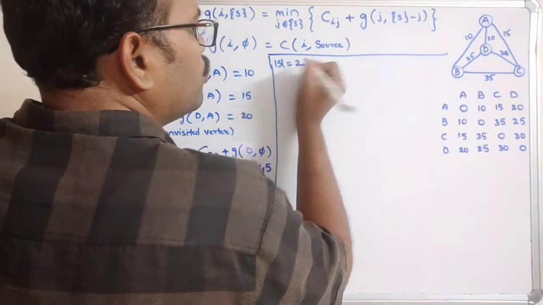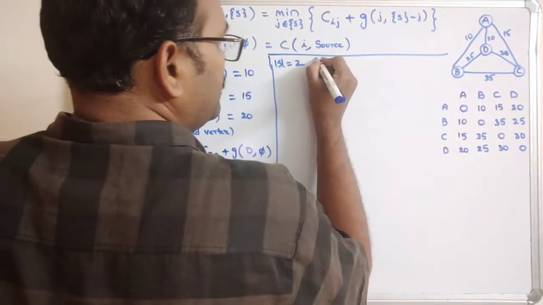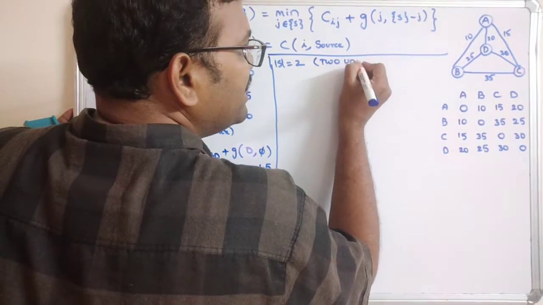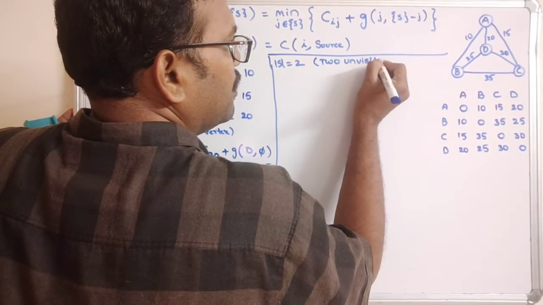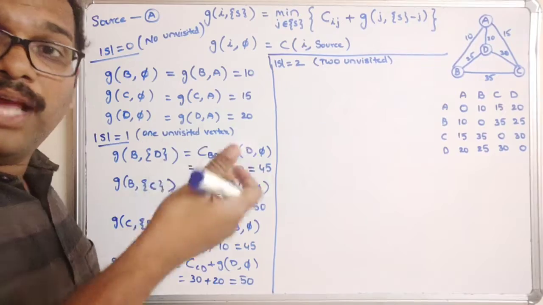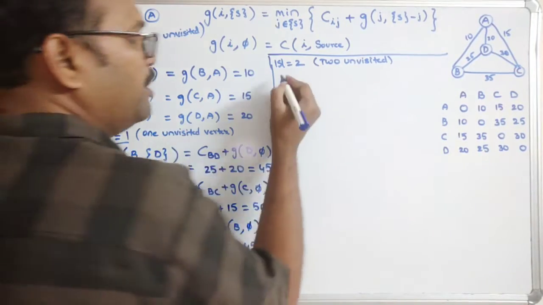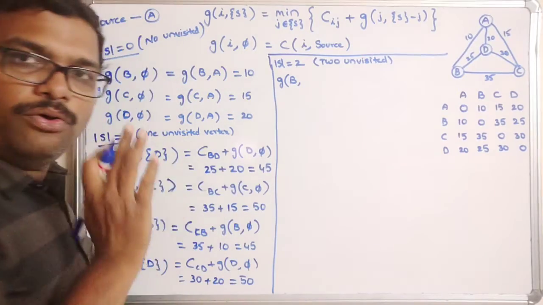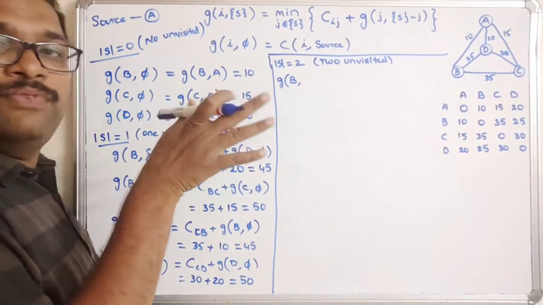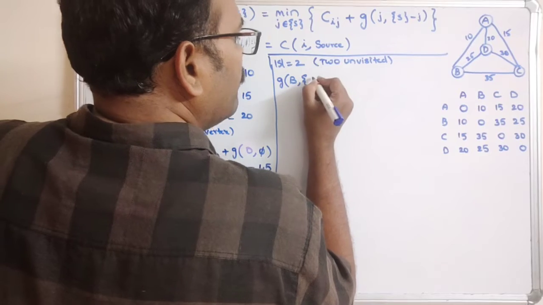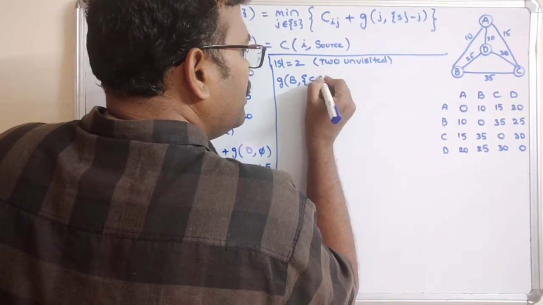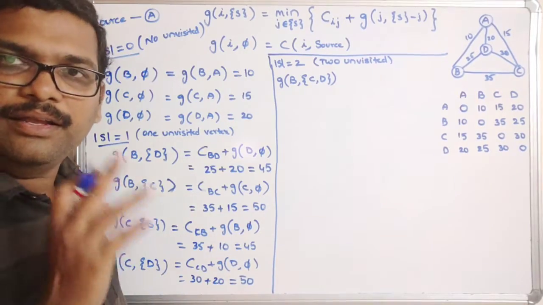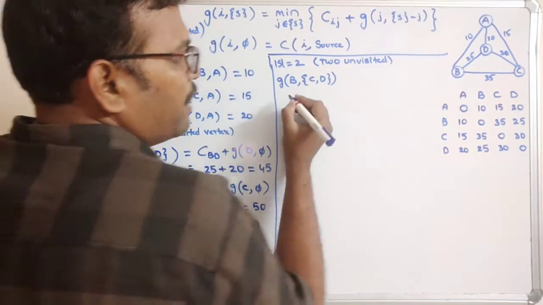Now consider set is equal to 2. That means 2 unvisited vertices. Here also we have to go with the different possibilities. Check it. G of B, consider B as a source. From the source, the 2 unvisited vertices will be C comma D. So how can we write it here?